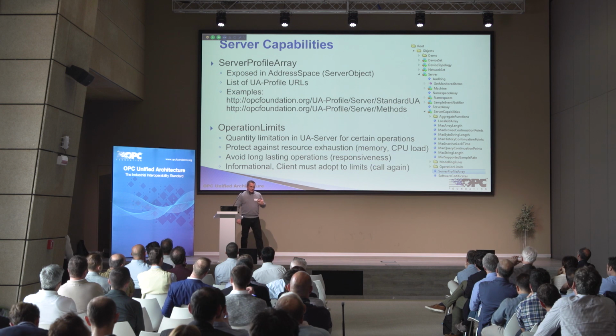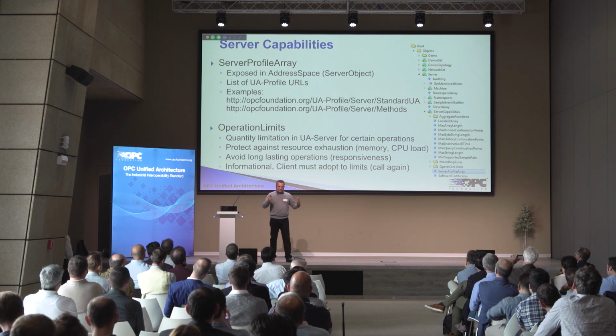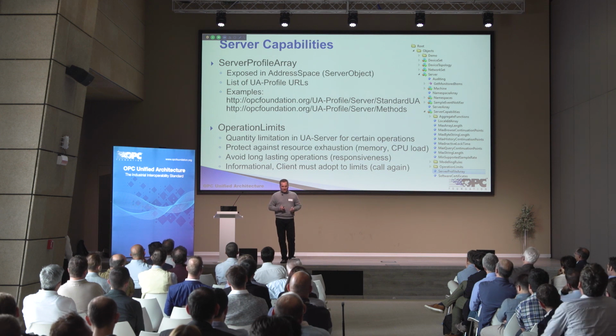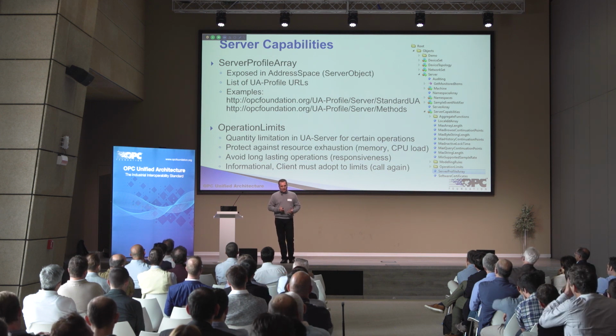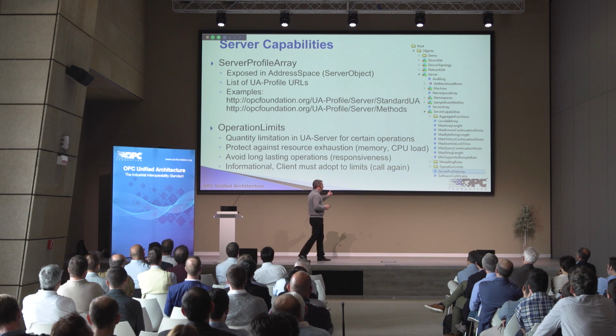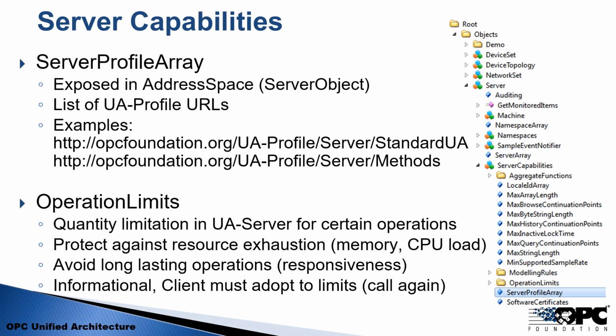Now, in addition to that, a server that has a certain functionality should expose online in the server which functionality it has, because the whole piece should be self-descriptive. Inside the address space of the server, under root objects, server object, you go into the server capabilities, and here the server, inside its own information model, can describe what capabilities it has.